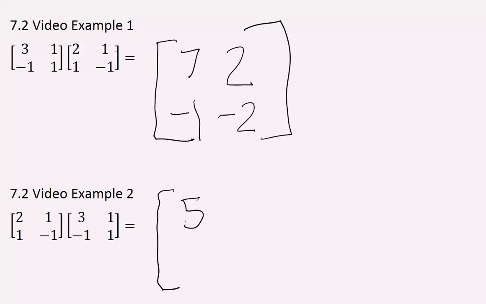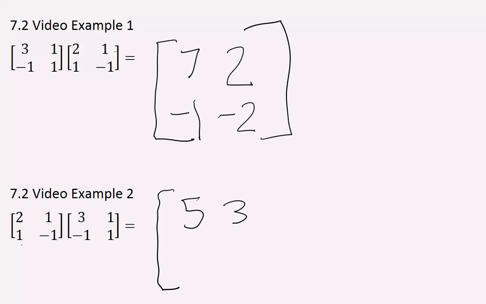But let's continue. Moving on to the term to the right of 5, we get 2 times 1 plus 1 times 1, or 2 plus 1, 3. Now moving to the second row in our result, we'll use the second row in our first matrix.